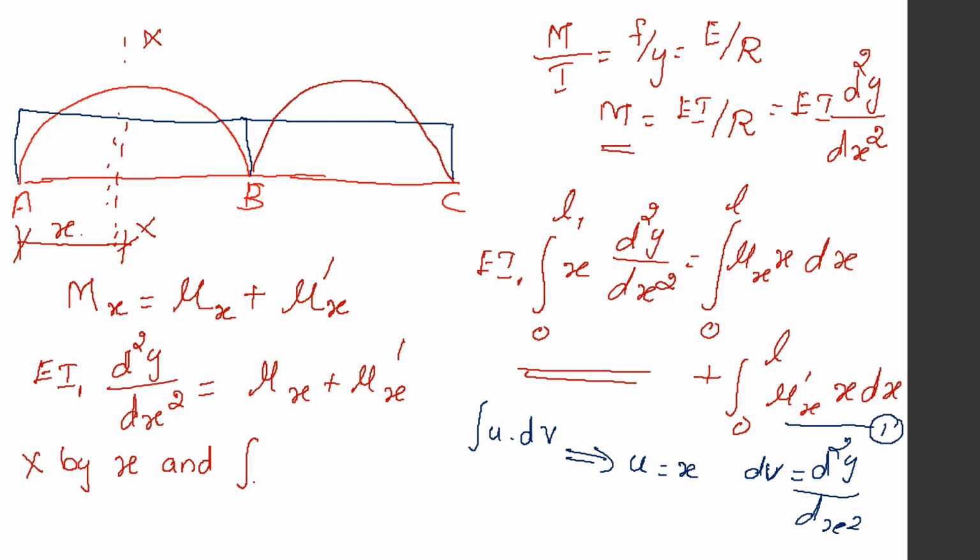Now, from this u1 is equal to 1 and v is equal to dy by dx.